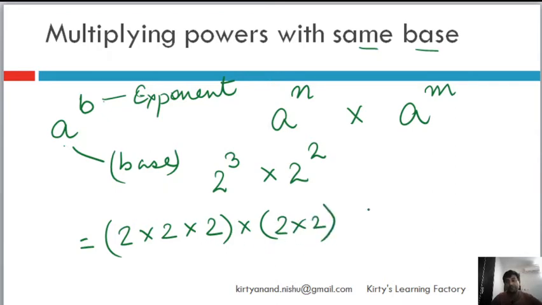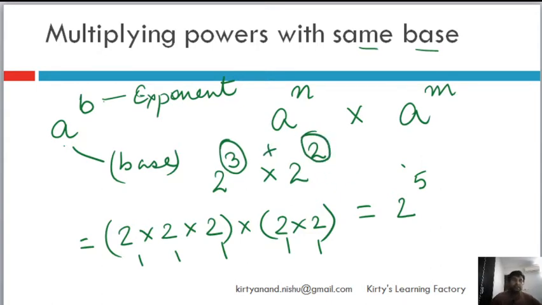So what we have done is essentially we have multiplied 2 five times, right? 1, 2, 3, 4, 5. So I can also write it as 2 raised to the power 5, which is nothing but 3 plus 2, right?